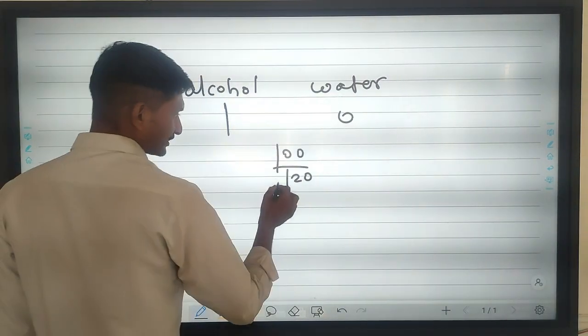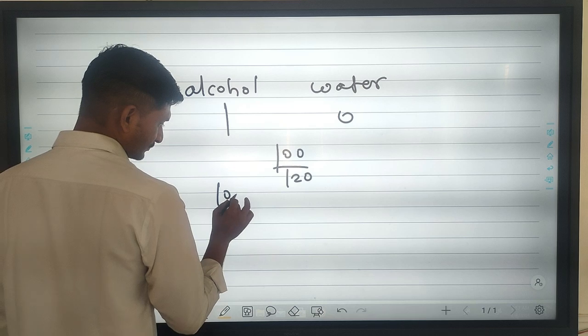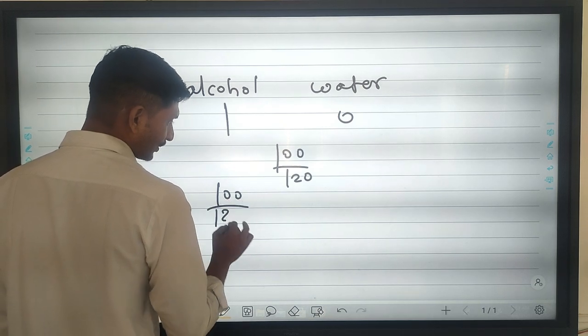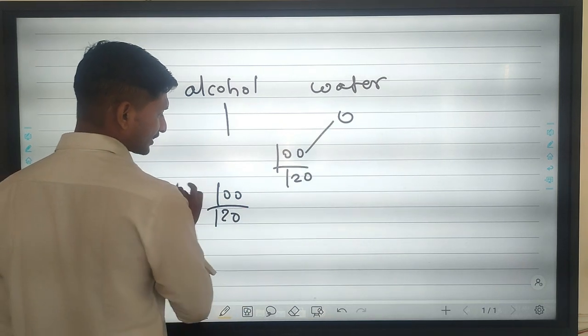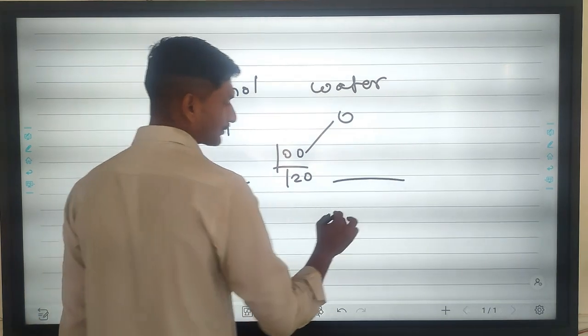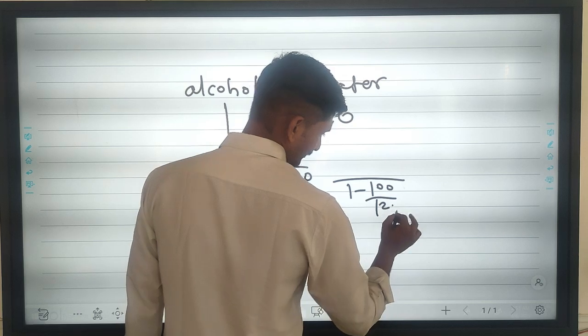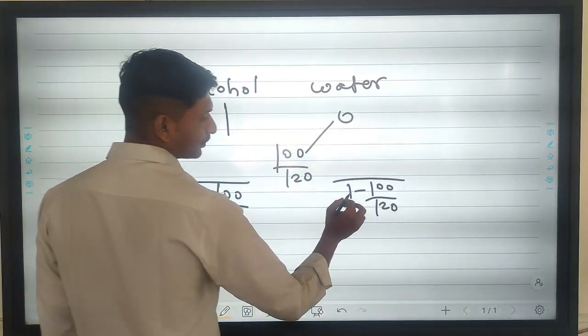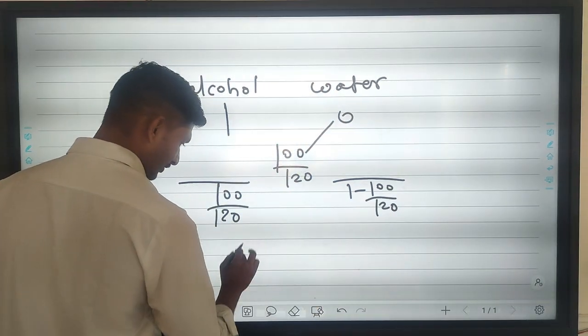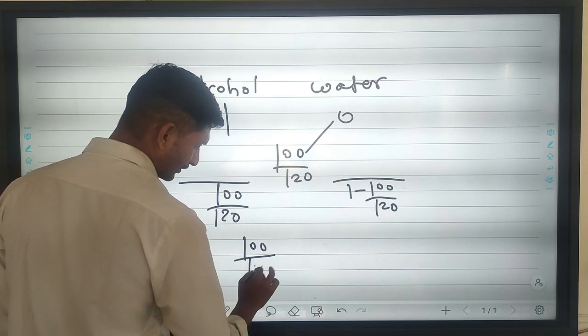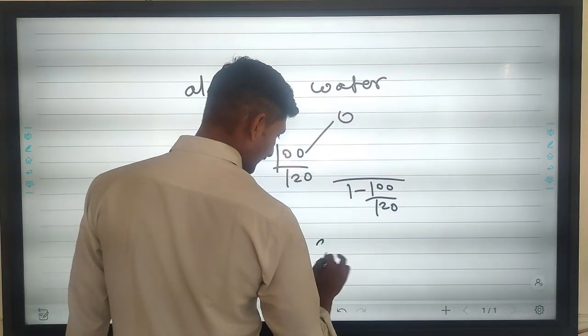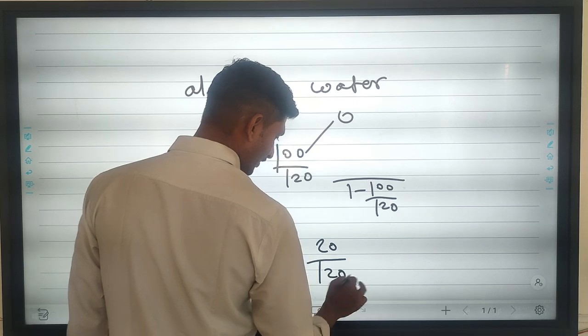Now we write the subtraction of these two: 120 minus 100 divided by 120, and 100 divided by 120 minus 0, which gives 20 divided by 120.